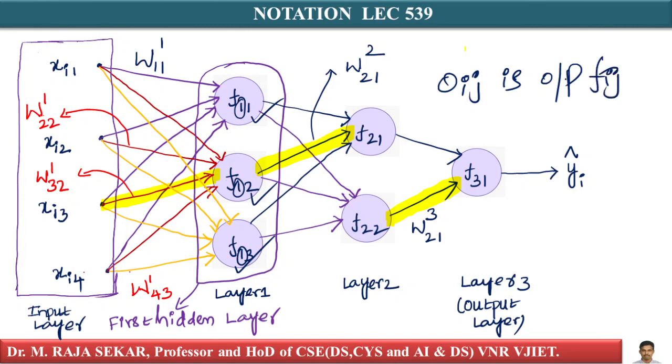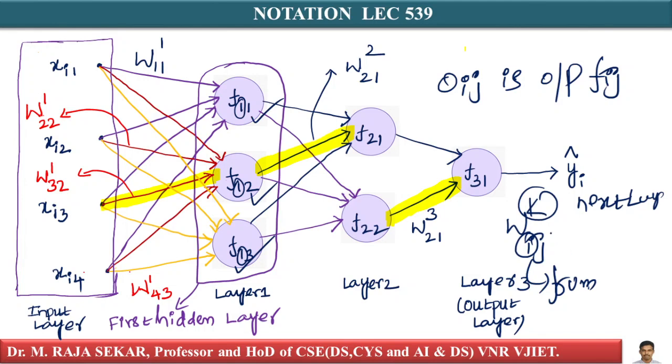What about weight? Weight we write as W to the power K, subscript Ij. What is my K? K means the next layer. I means from, J means to. From Xi4 to F13, what is that?